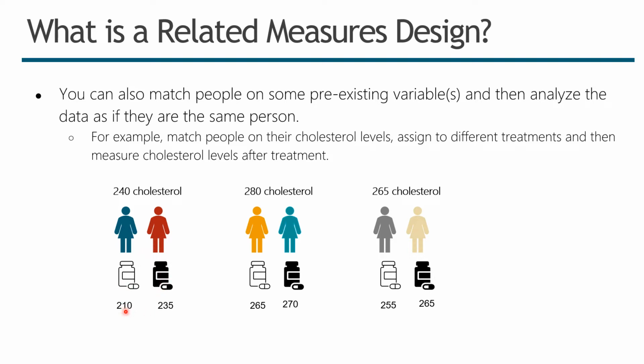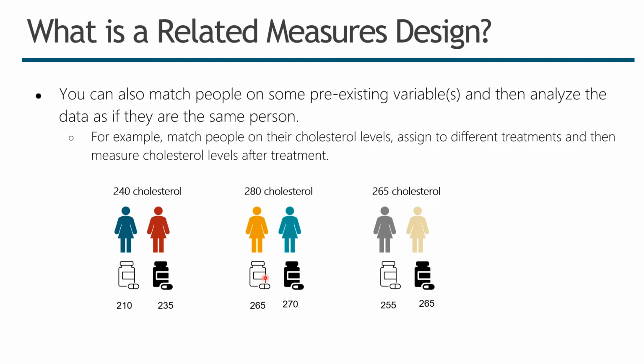And then we measure their cholesterol levels, right? But we treat them as if they're the same person for analysis purposes because they're matched on that pre-existing cholesterol level. And the whole study then would consist of pairs of people. Here I have this orange person who has a cholesterol level of 280 matched up with this other person with a cholesterol level of 280.